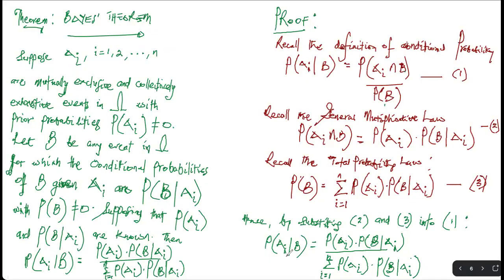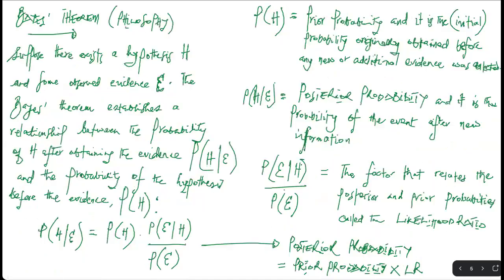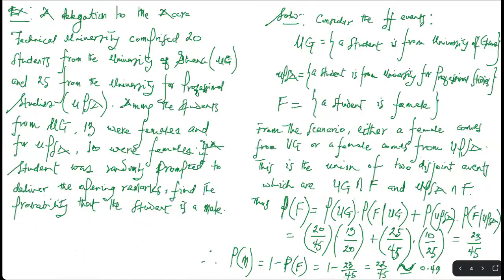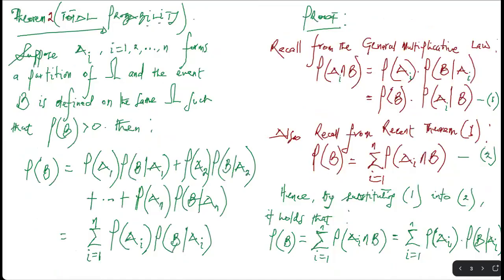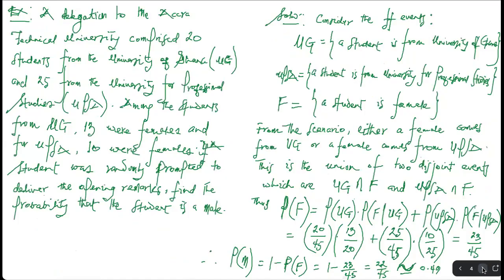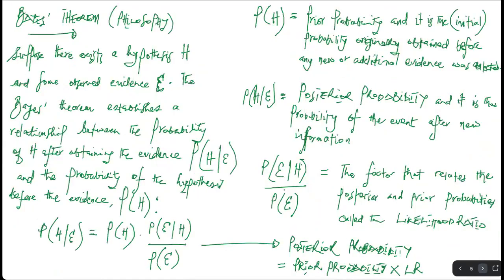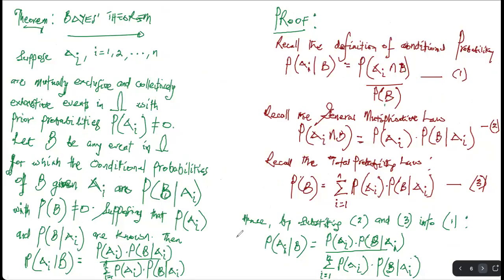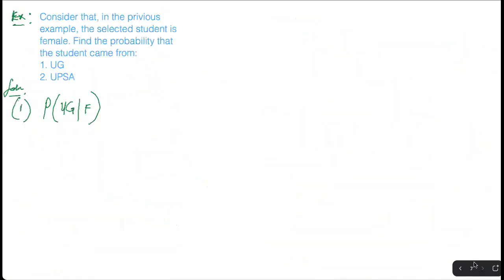So the total probability rule, just to link it up, gives you the probability of a female strictly, or the marginal probability of a region B, whereas the Bayes theorem gives you the probability of a partition given B. So we're coming to find the probability of the UG partition given female.